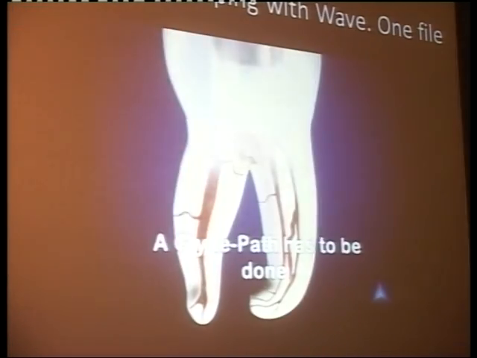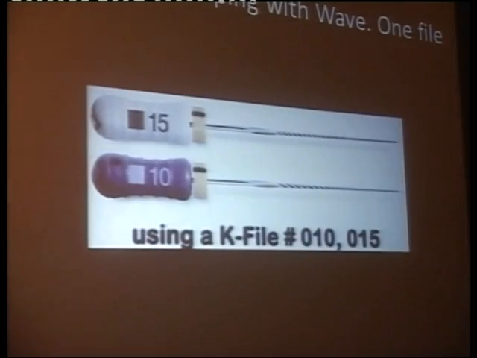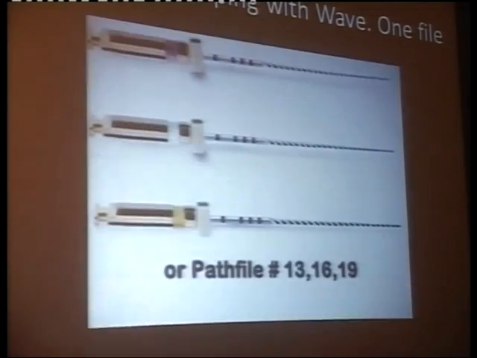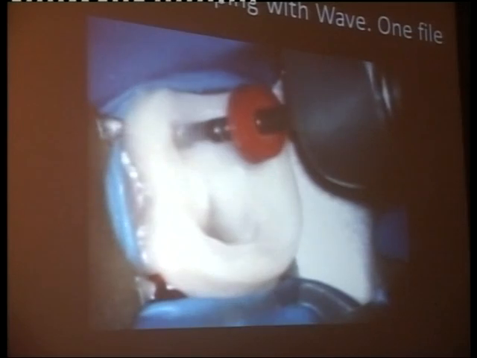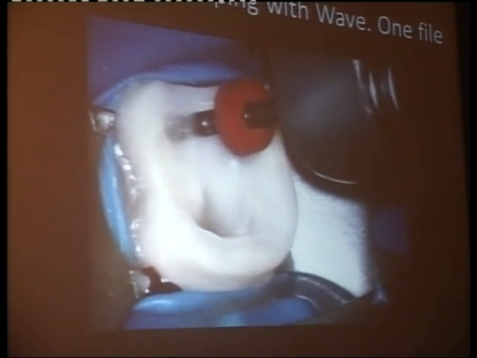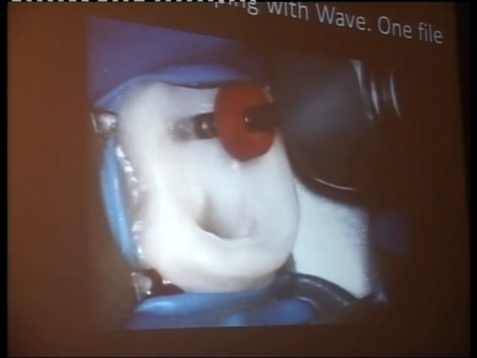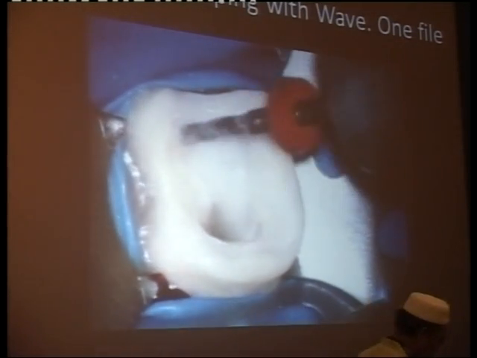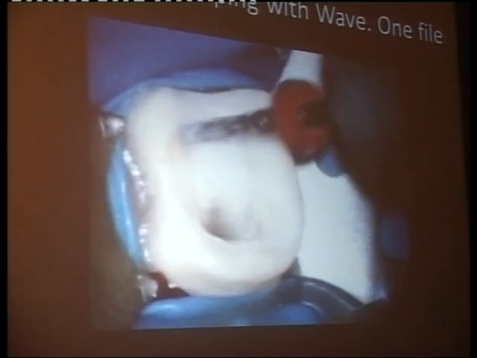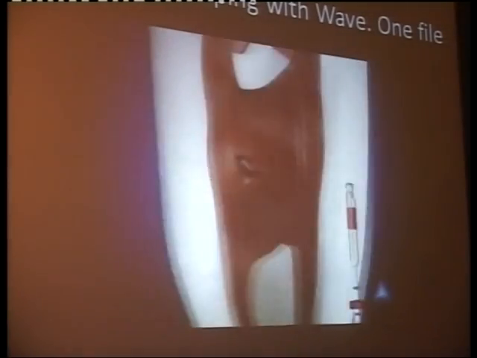Then the selection of the file, which file we will use. That is the primary file they used here. A little or gentle pressure you will have to use. The file goes by itself inside the canal.